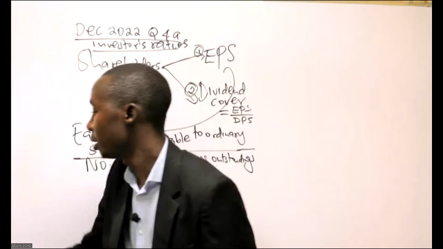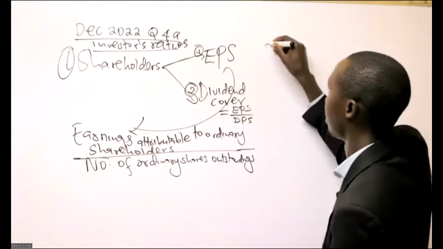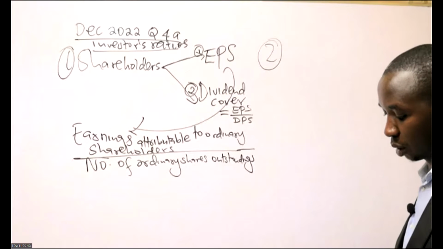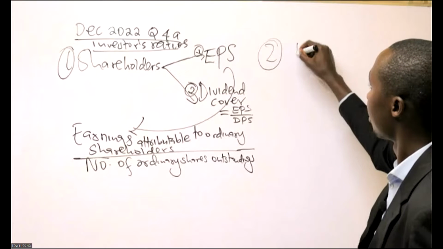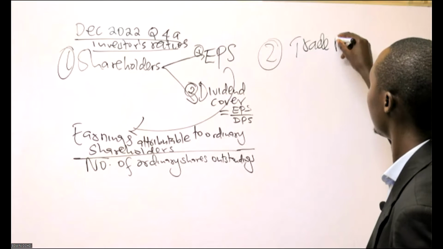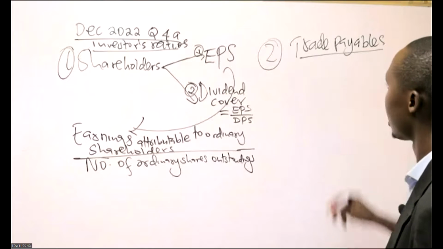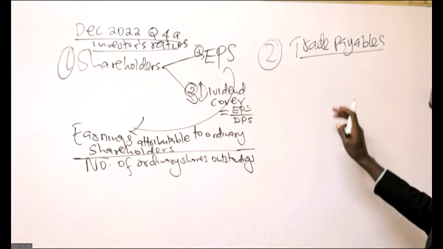So the second user they were talking about, number two, who? Trade payables. The creditors. So which ratio can you use?